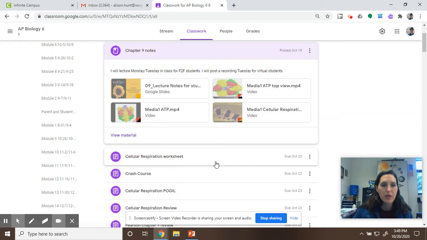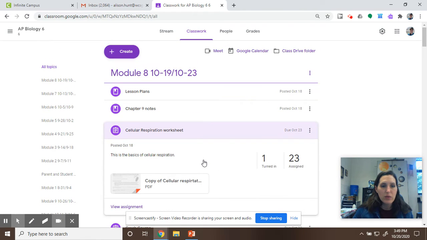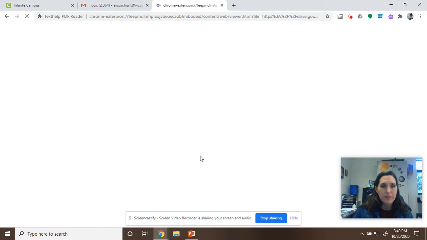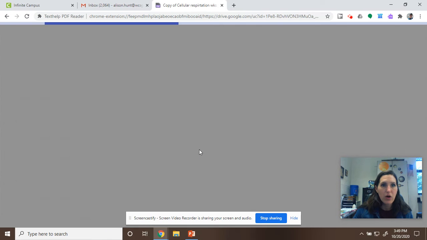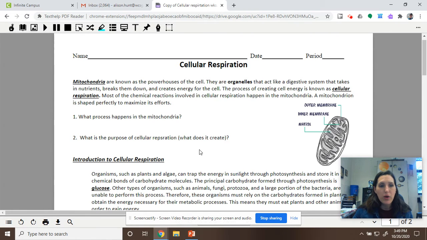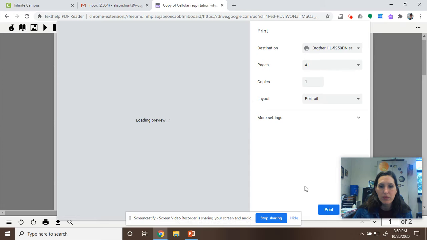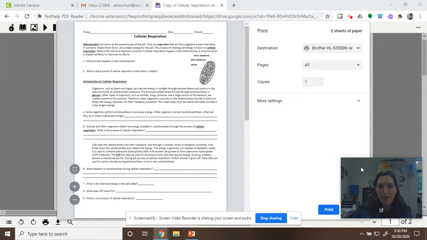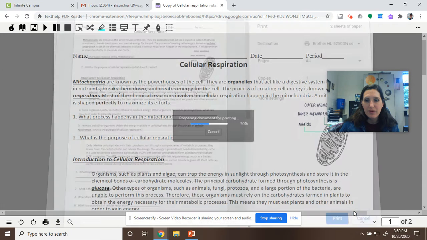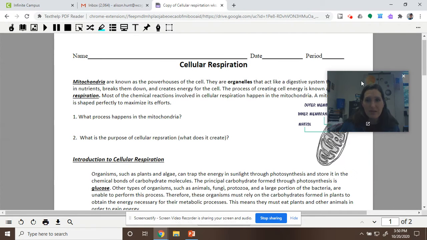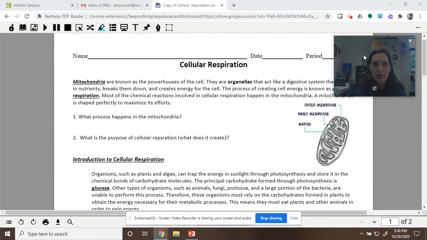I definitely recommend it. All right, this is the cellular respiration worksheet that honestly I gave you in honors biology. If you don't understand the basics of cellular respiration, then you're going to have a hard time understanding this.